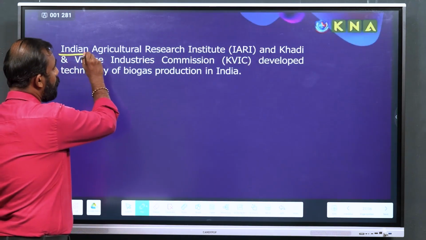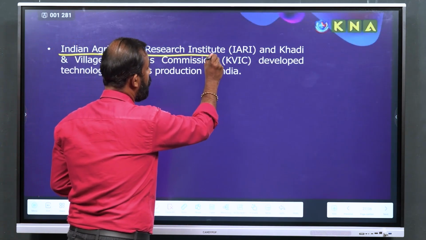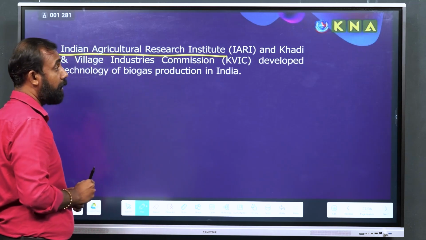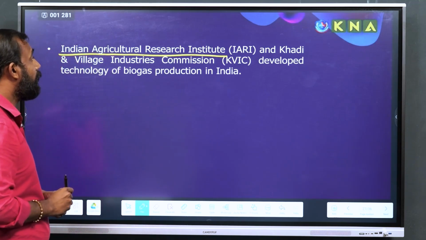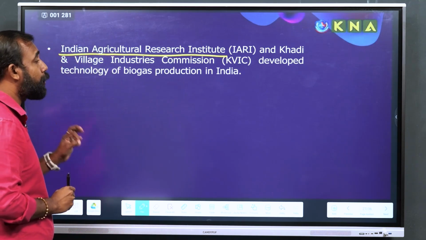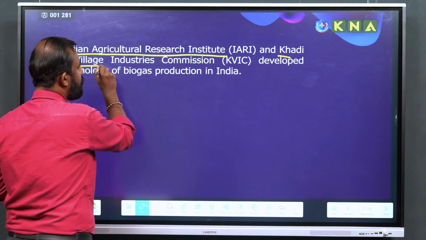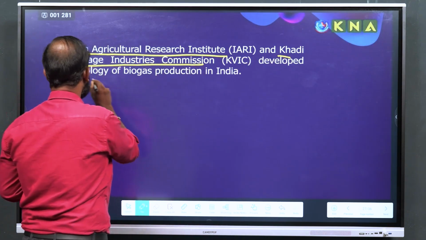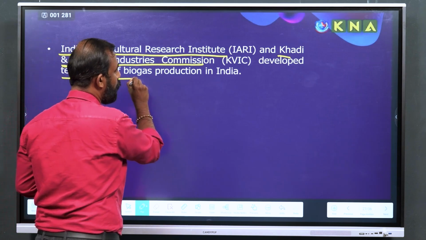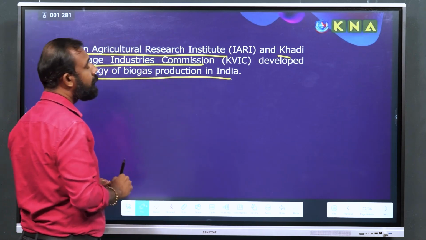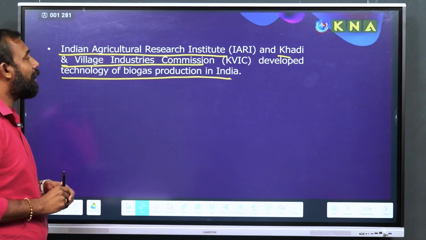See, the Indian Agricultural Research Institute, IARI, is very important. The Indian Agricultural Research Institute and the Khadi and Village Industries Commission developed the technology of biogas production in India. This can be framed as a question. What is IARI?